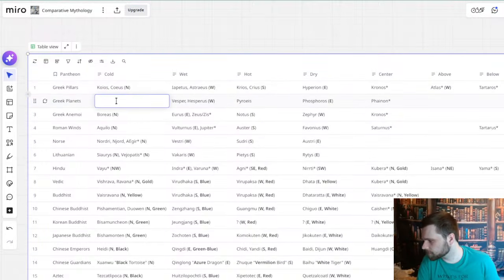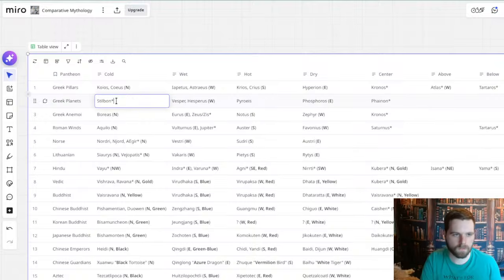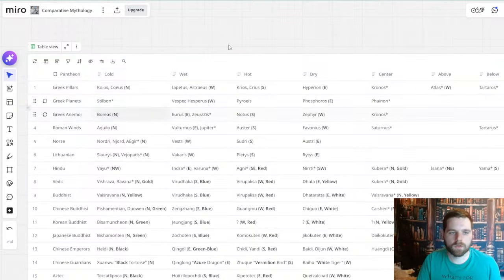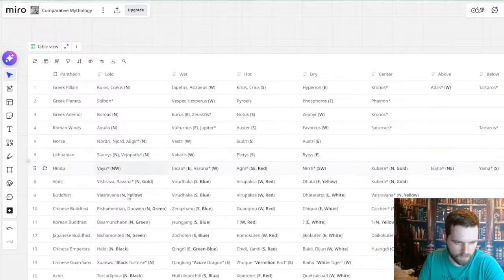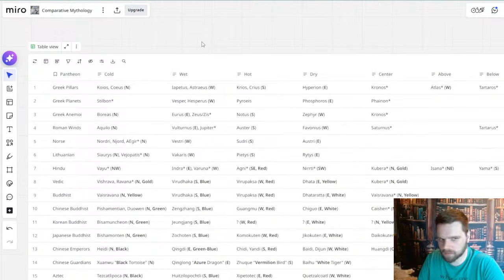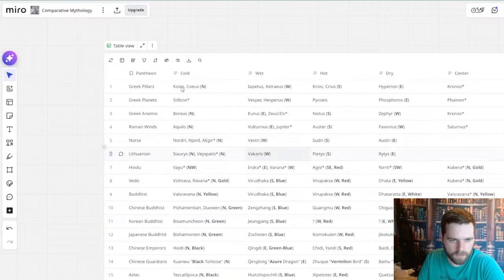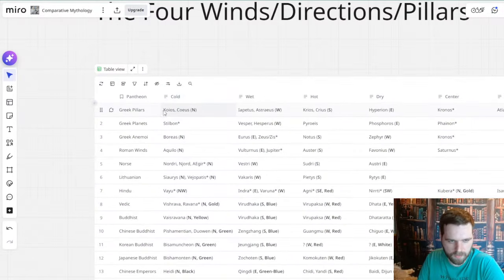Then Stillborn I would put with Mercury actually. Or sorry, with cold, northern, because there are other reasons that Mercury tends to be the north, especially Coeus. Oh, I forgot to mention, Coeus associated with Mercury, Creus associated with Mars.